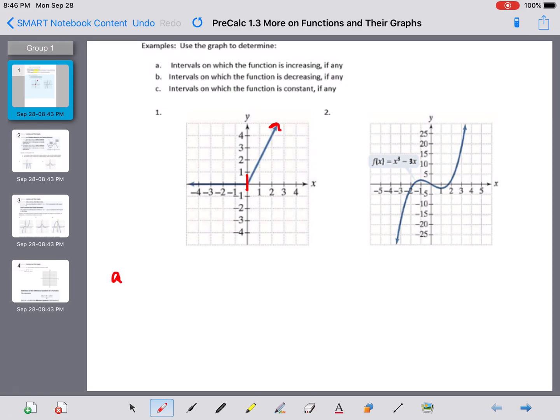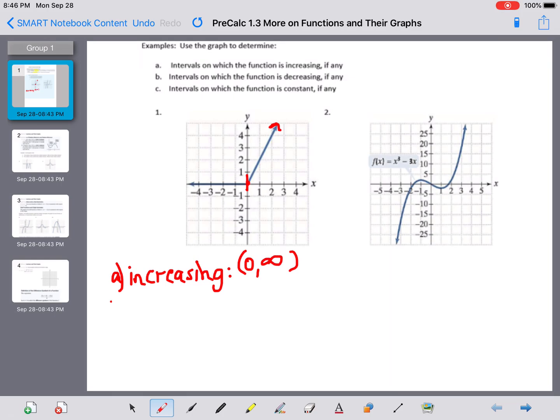So my increasing interval, and remember, my y is increasing, but when I list my interval, it's always an open interval, no matter what. And I'm listing the x values from where I see the increase. So I see the x value starts at 0 and continues on to the positive side, meaning towards positive infinity, while my y is increasing. So I'm just going to be 0 to infinity.